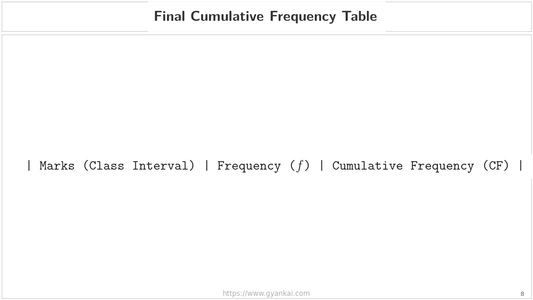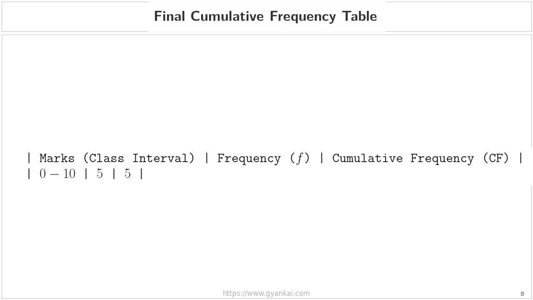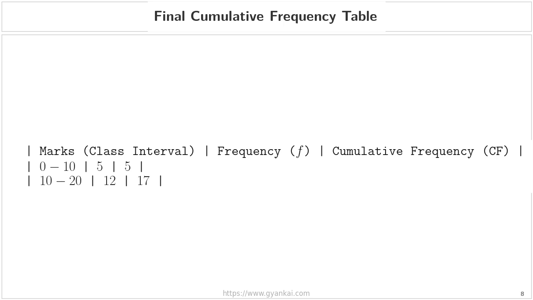Looking at the first row, for the 0 to 10 marks interval, the frequency is 5, so our cumulative frequency starts at 5. Moving to the second row, for the 10 to 20 interval, we add the 12 students in this group to our previous total, giving us a cumulative frequency of 17.